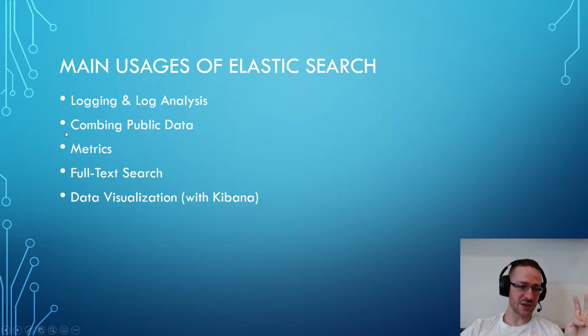And if we consider combining public data or metrics usage, these are similar in terms of logging and log analysis, because combining different log sources is exactly combining public data, it's the same business case, but it's not about logs, it may be about something else. Then we have metrics. Metrics is again a lot of data inserted from a lot of places, which needs to be merged and converted to a single schema, and this data needs to be easily searchable when we need to analyze something.